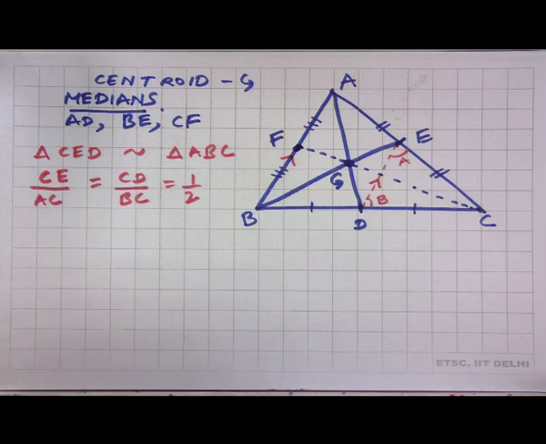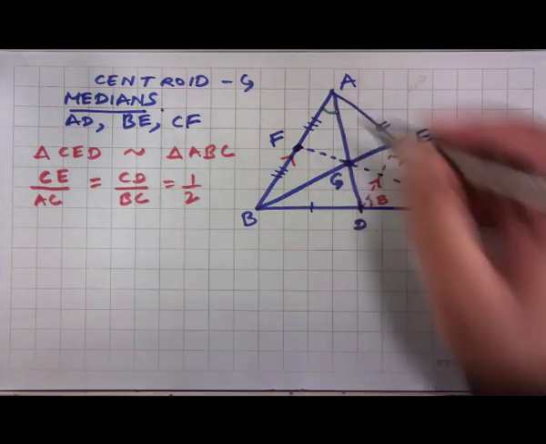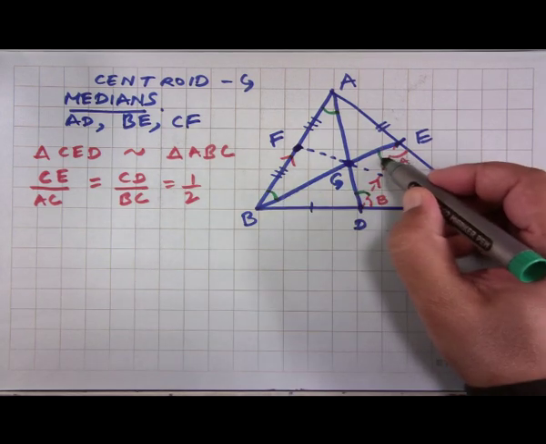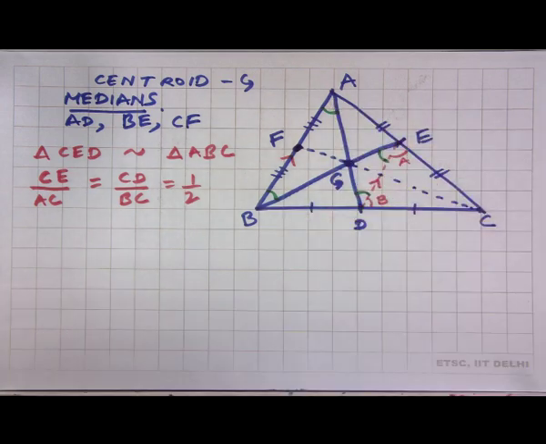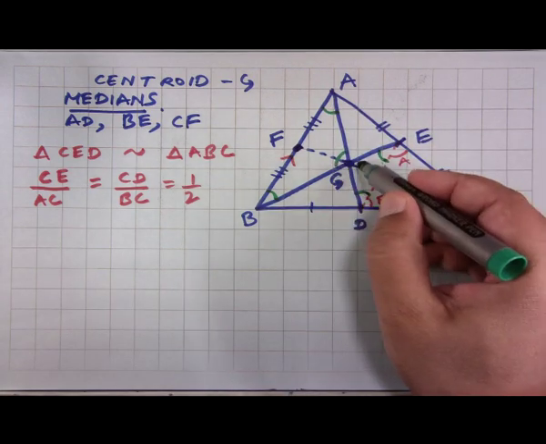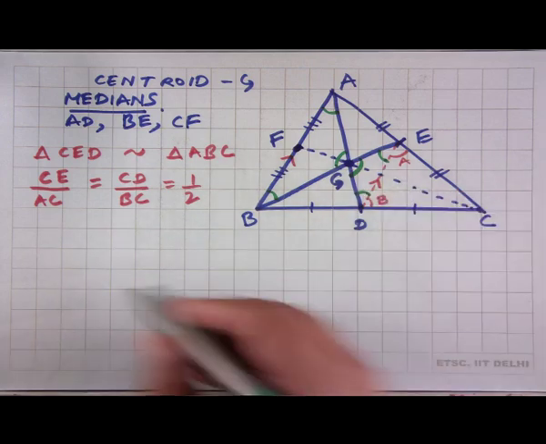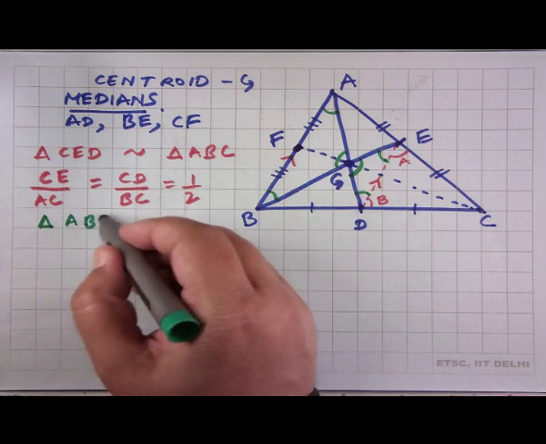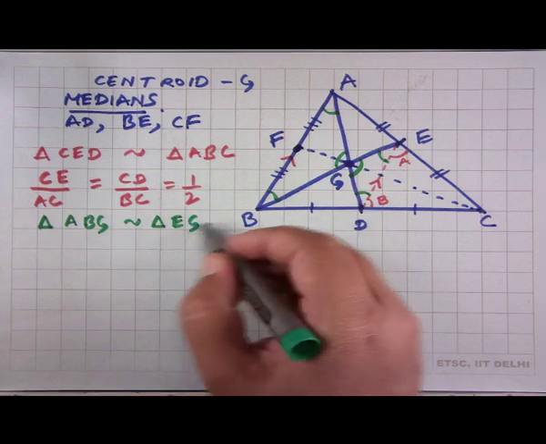So, now once we have shown that these two line segments are parallel, it obviously follows that this angle and this angle are equal, and similarly this angle here and this angle here have to be equal because these two lines are parallel, and of course, these angles are also equal because they are opposite angles. That basically shows that triangle ABG is similar to triangle EGD.